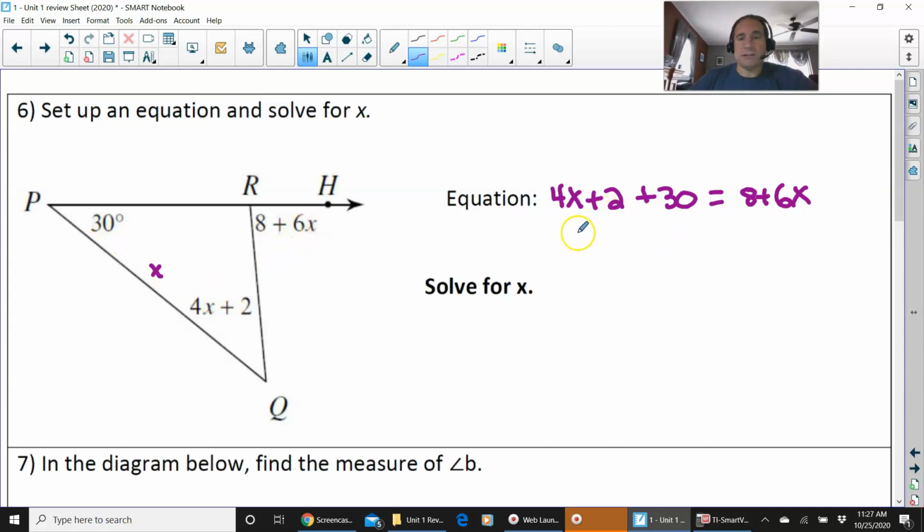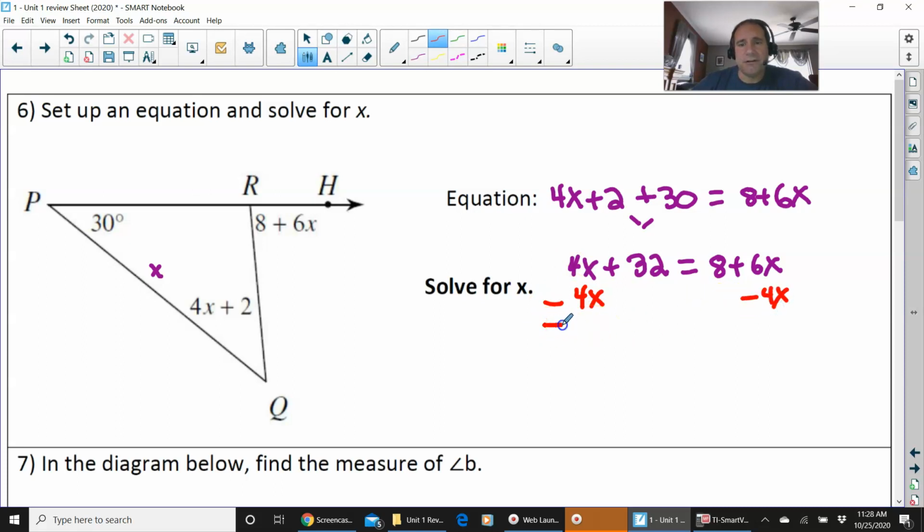Okay, so let's go ahead and try to solve this. 4x plus 2 plus 30. You can't do anything right there except combine like terms. So you have 4x plus 32 equals 8 plus 6x. Remember, you try to get the smaller x over to the larger x. Always get those x's together first when they're on opposite sides. This cancels. You have 32 equals 8 plus 2x. Sorry, that is not negative 2x, this is plus.